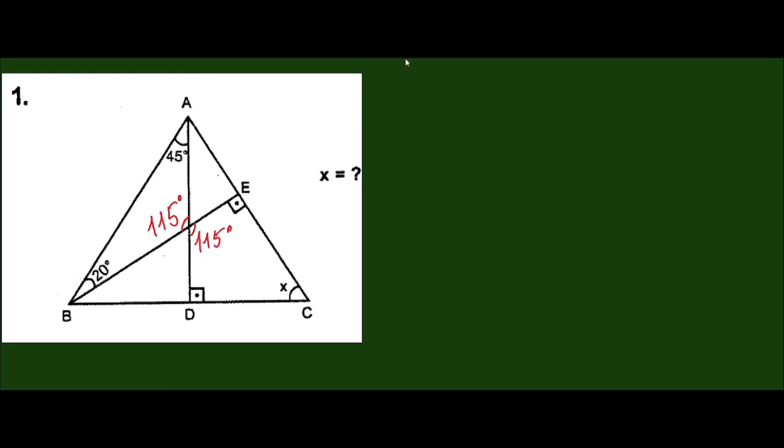And we know that the sum of interior angles of a quadrangle is equal to 360 degrees, so it will be 115 degrees. This is 90, and it will give us 180 degrees, plus x, and it will equal to 360 degrees.